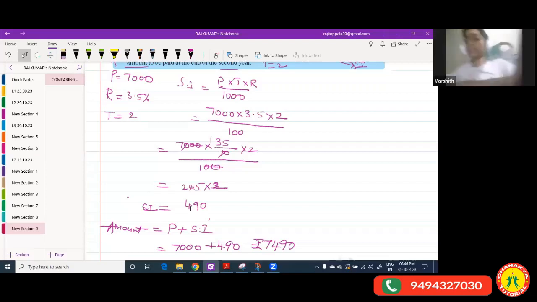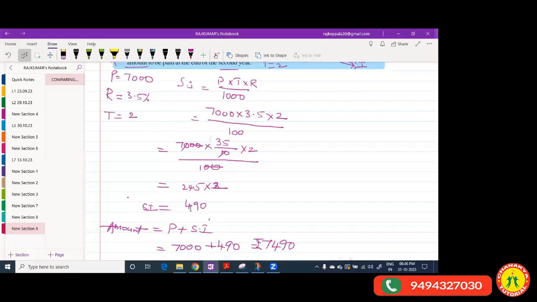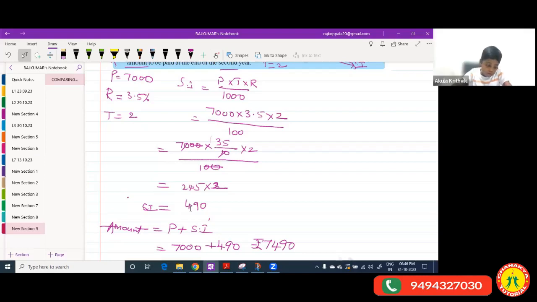The worksheet completed. Okay. So it's completed.